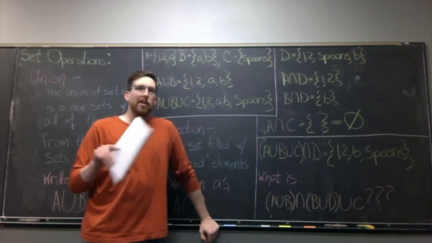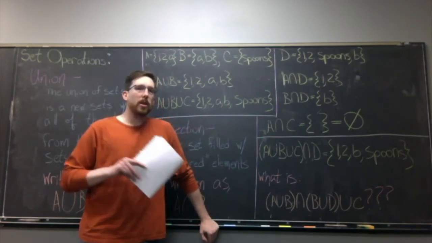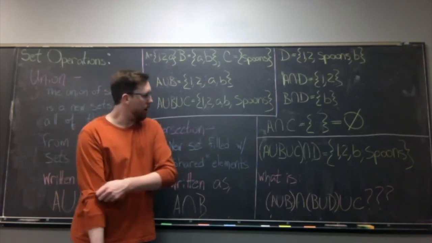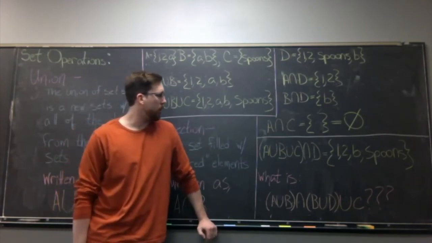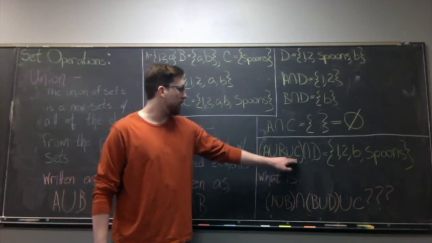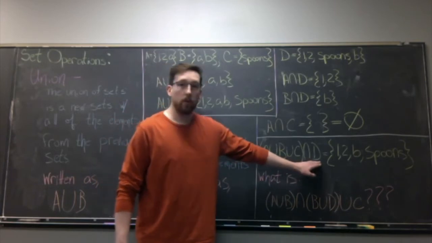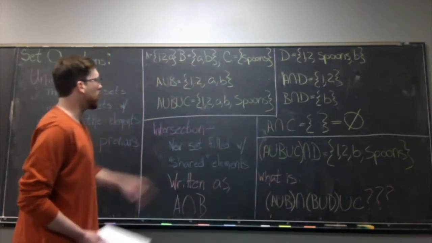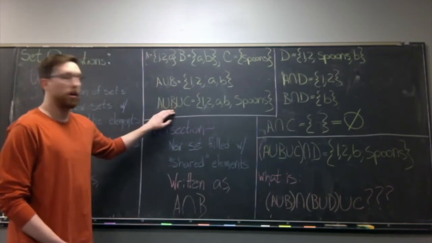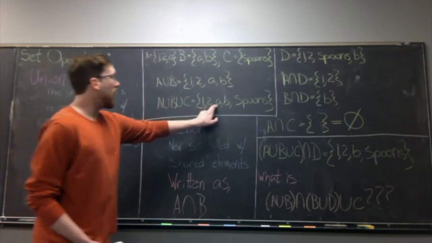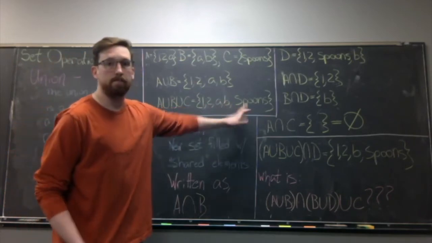Okay, now, what about the case where we start mixing these up, intersections and unions? Let's imagine for a second, we wanted to take the union of A, B, and C and intersect it with D. All right, we already know that the union of A, B, and C is the set 1, 2, a, b, and spoons.